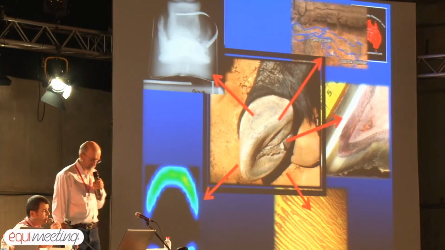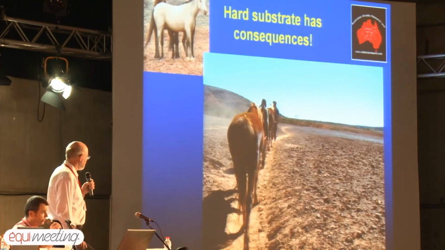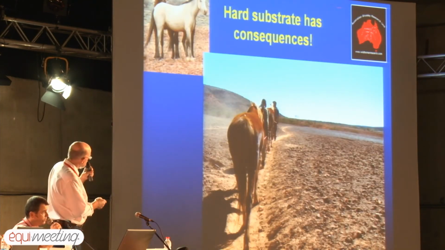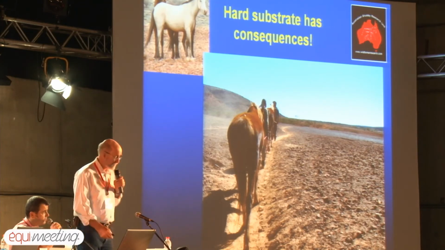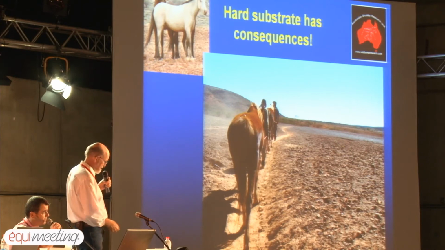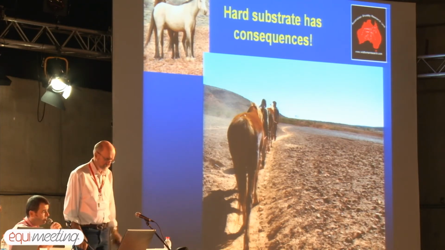The structures under pressure were mainly the toe, the bars and the heels. So the hard substrate that many people recommend for domestic horses does have its consequences for the foot.